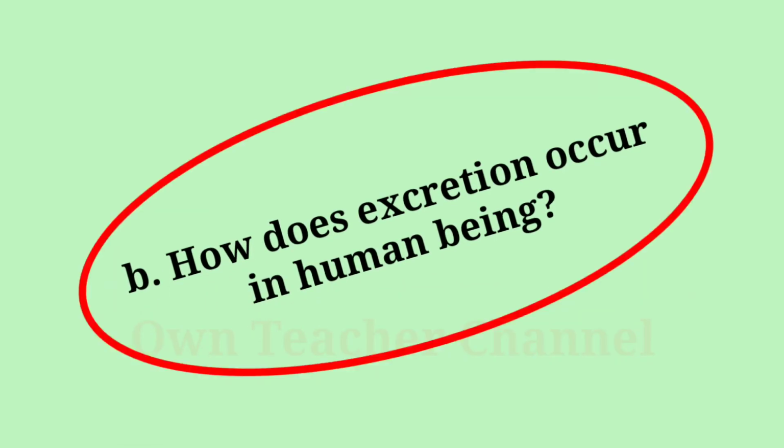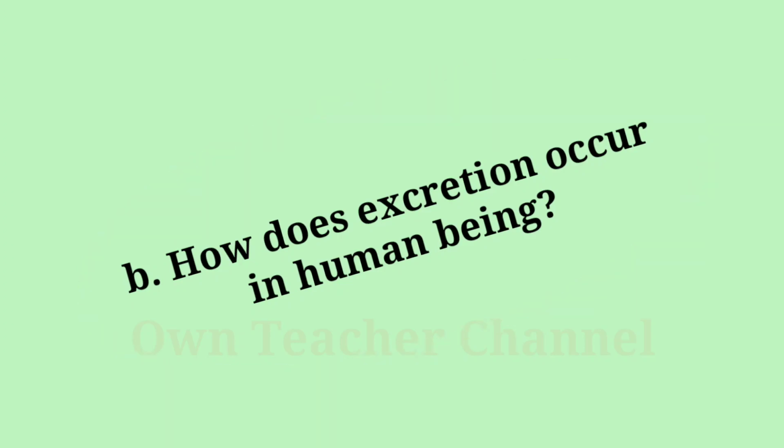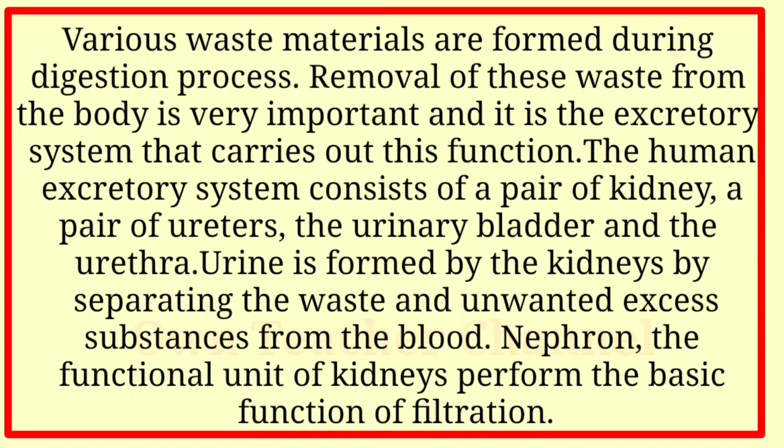B. How does excretion occur in human beings? Various waste materials are formed during the digestion process. Removal of these wastes from the body is very important, and it is the excretory system that carries out this function.